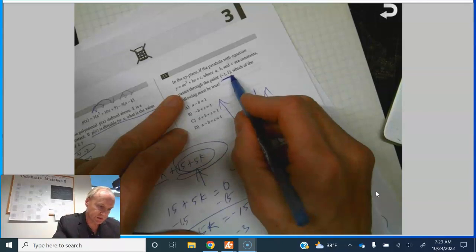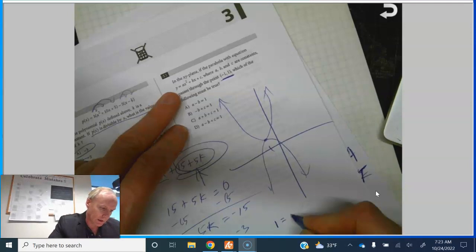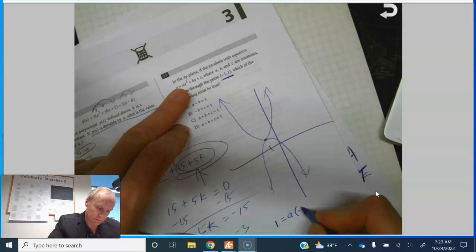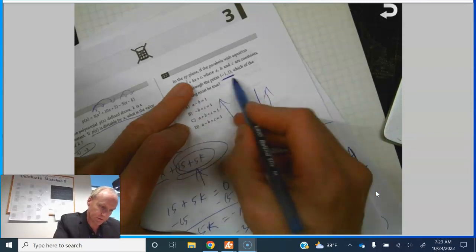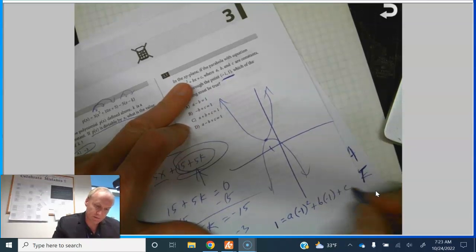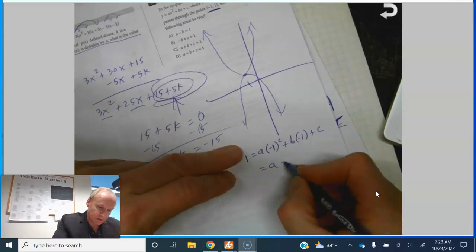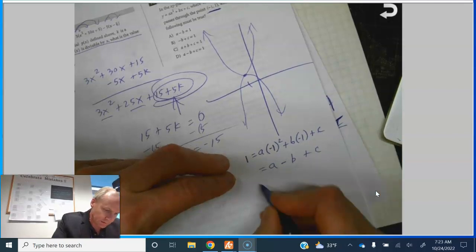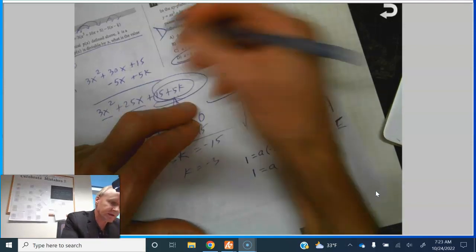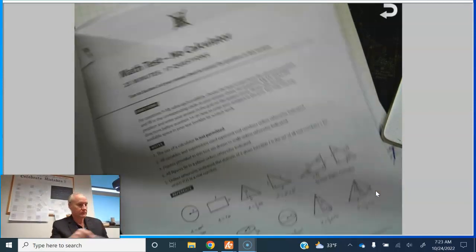So what we can do is say that y is 1 and a, we can put the negative 1 for x. I'm just putting the solution into this. Plus b times negative 1 plus c. So now we've got 1a minus b plus c is equal to 1. A minus b plus c equals 1. D. All I did was put this solution into that equation. That's it. That's all you had to do.